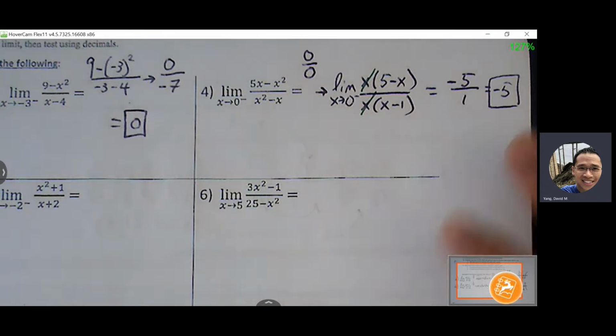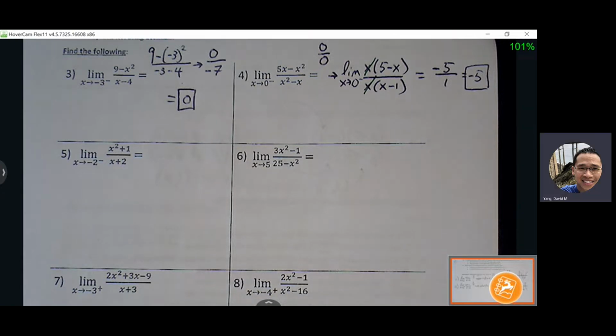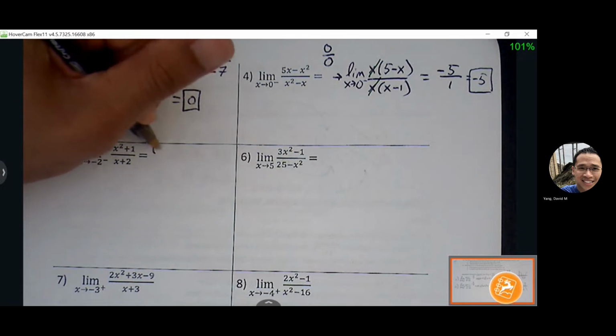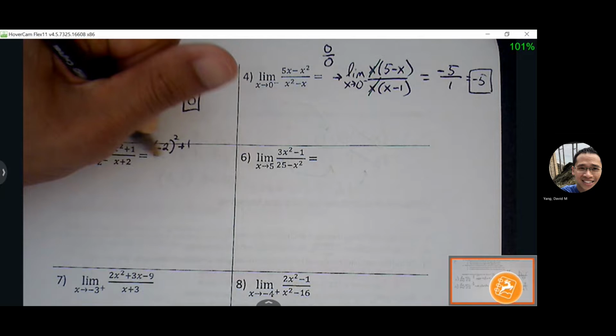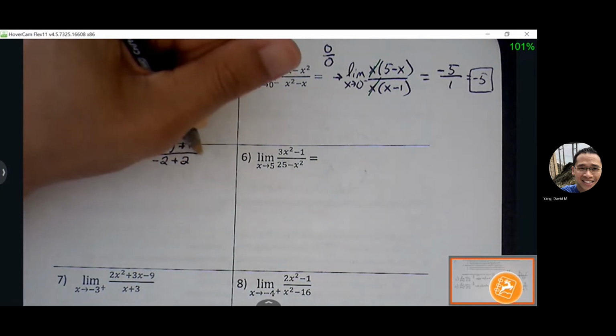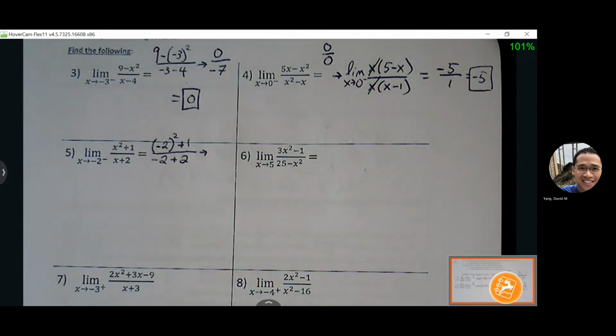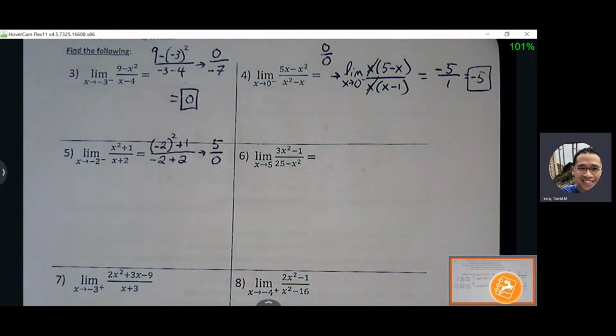Okay, number 5. First things first, plug in -2. Okay, what do we get? Now there's a vertical asymptote.